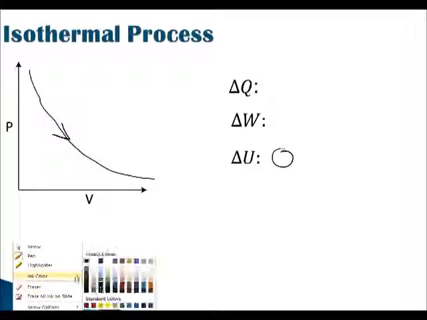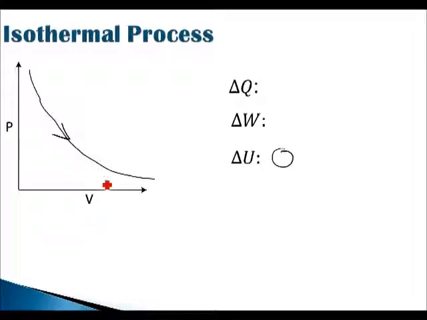Now we also know that because there is a change in volume, the work done will be positive. And based on the equation of the first law of thermodynamics, there's no change in internal energy, but there's a positive change in the work done. Therefore, there will be a positive change in the heat. Okay, and so heat is added to this system, which creates an increase in the volume, and therefore the pressure decreases.